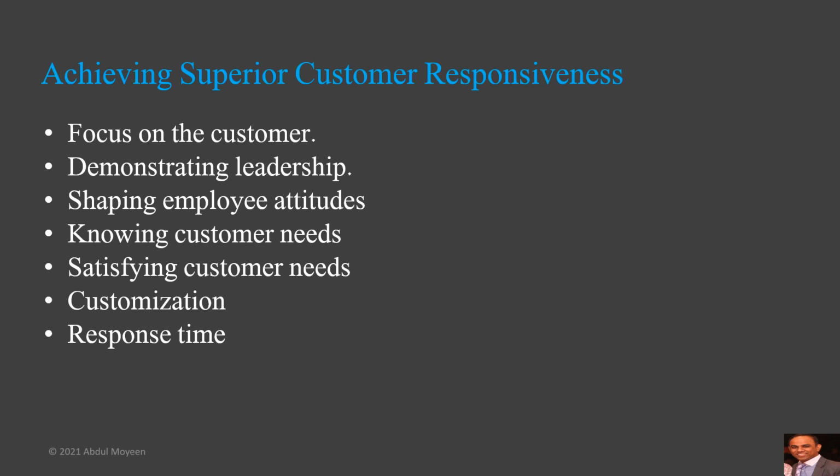Although it sounds good, it is a little difficult for a company that has too many varieties of customers and a large number of customers. Customizing your product to cater to the needs of every individual customer may be a very complex process, but if you have a very few selected group of customers, then it is possible.